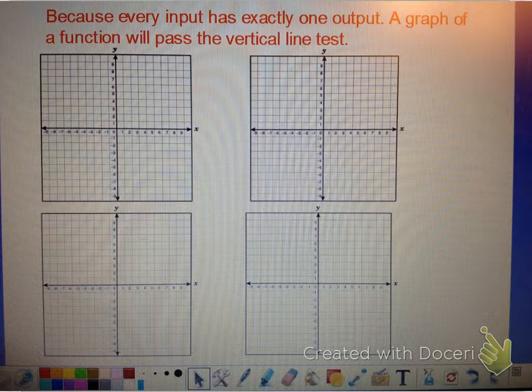So we know that because every input has exactly one output, a graph of a function will pass the vertical line test. So the vertical line test says that if you pass the vertical line through the graph of the equation, whatever it is, it will only hit the graph one time.